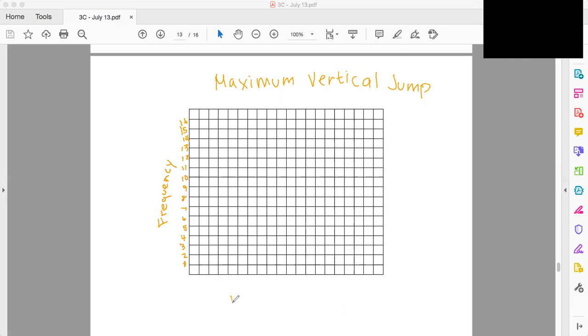Okay, and then here you have your intervals. Here we have 0 to 10, 11 to 20, 21 to 30, 31 to 40.